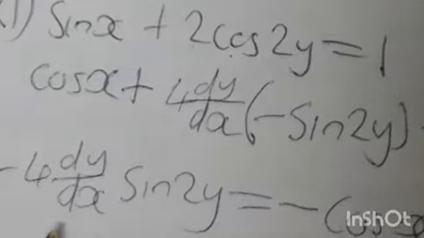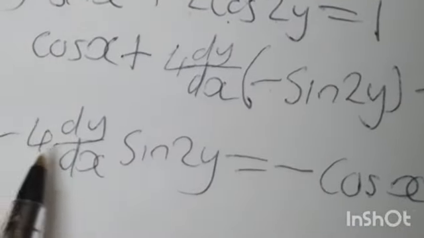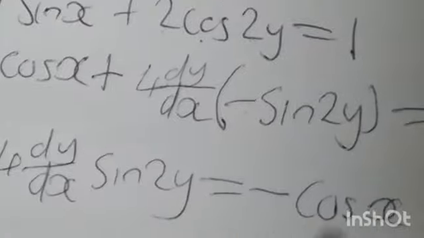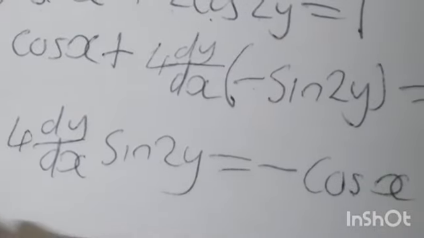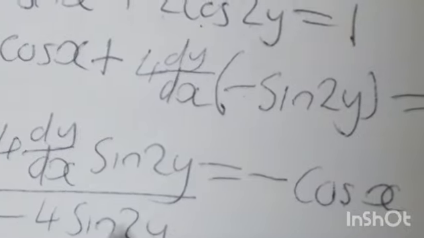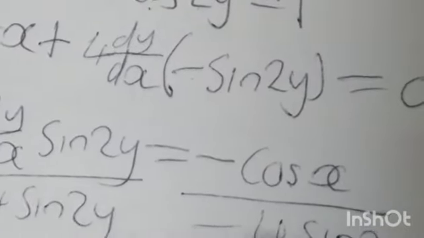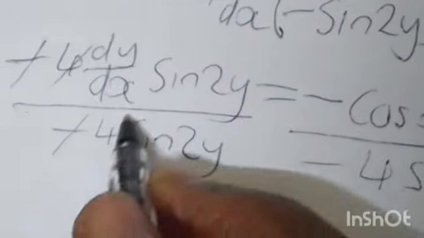Here our main goal is to remain with only dy over dx. So whatever doesn't have it comes this side, and we divide by negative 4 sin 2y. Even this side is negative 4 sin 2y, so this and this cancel, and sin 2y and sin 2y cancel.